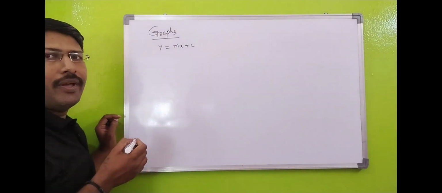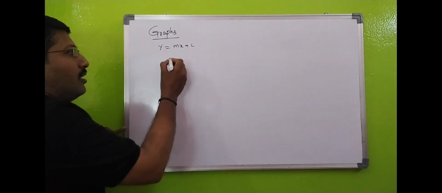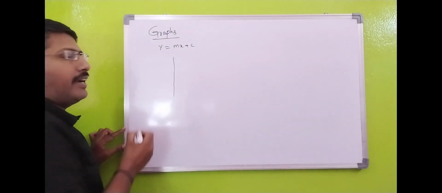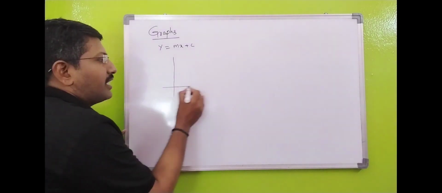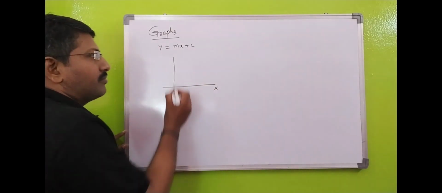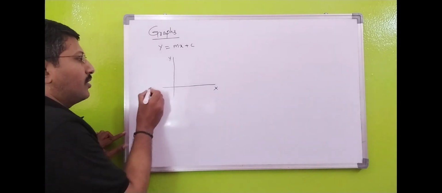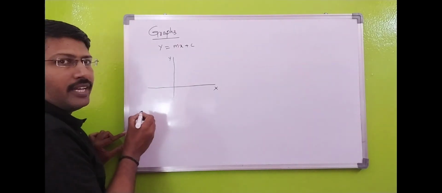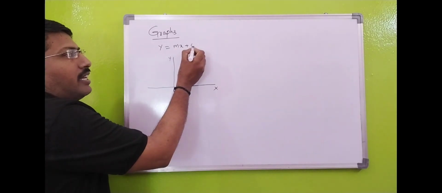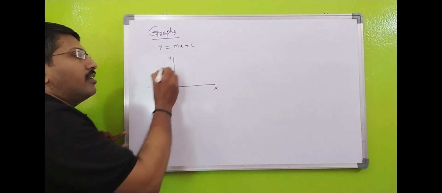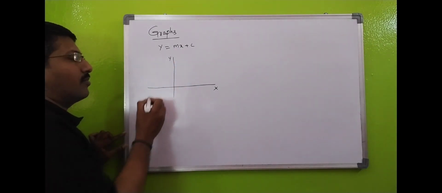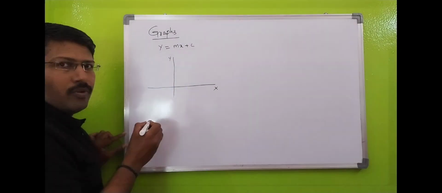I take the y-axis and x-axis. Here c is the intercept on the y-axis, and m is the slope.